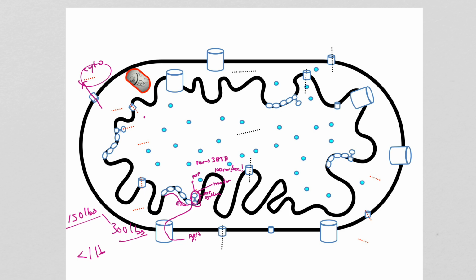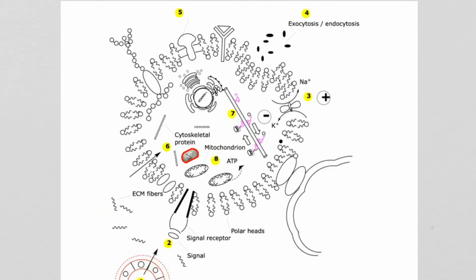So let's get out of the mitochondria and head back towards the cytoplasm. A lot of metabolism goes on in the cell, right? Cell signaling, transport, metabolism. So many chemicals are being synthesized, such as membrane lipids.